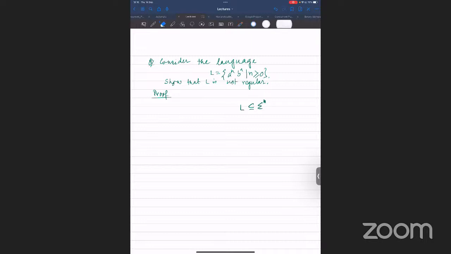So this is the intuition. Now, how are we going to prove our intuition? Maybe you have seen the pumping lemma, but let's start from very basic first principles. How can you show this?